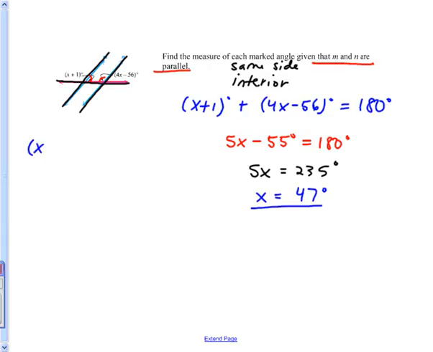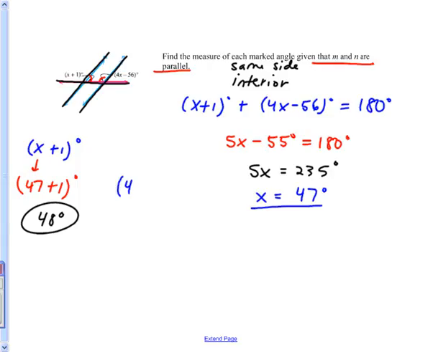If one of my angles is x + 1 degrees, and we now know that x value is 47, then one of my angles is 48 degrees. Now you can do this one of 2 ways. You can subtract that 48 from the 180 degrees that they have to sum to get your second measure, or you can substitute into the other expression. I will do both.